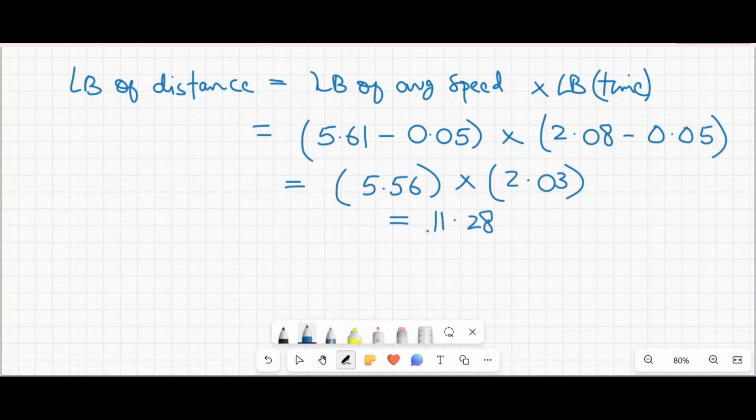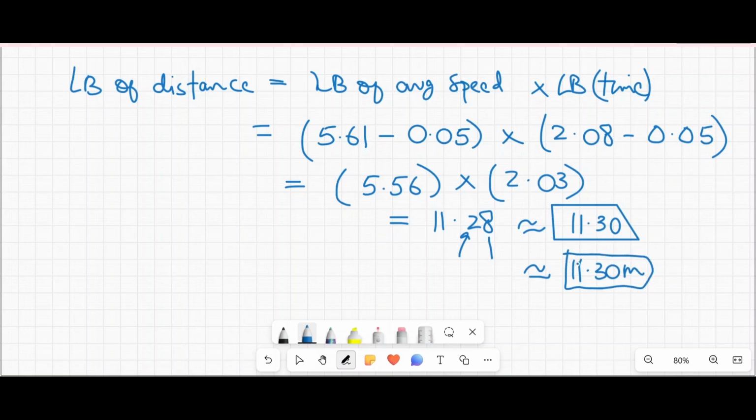The number 2 is on third significant figure. While rounding, we will get 11.30, because 8 is greater than 5. So now the answer we got is 11.30 meter. So this is it.